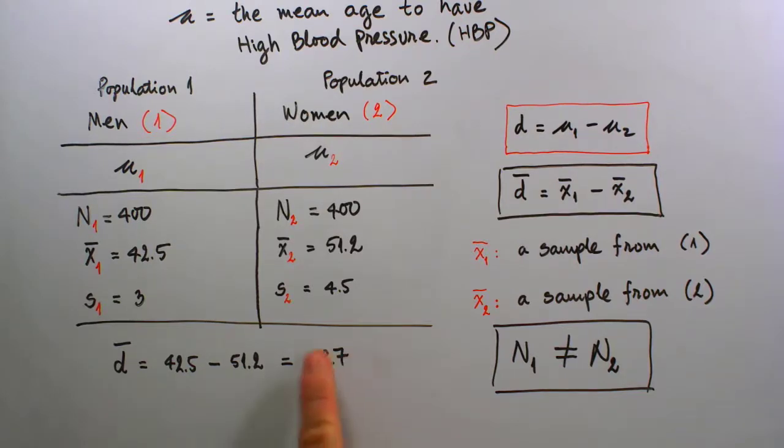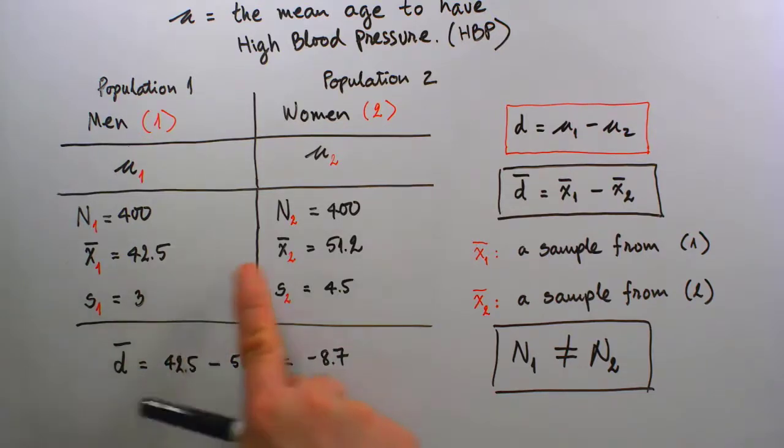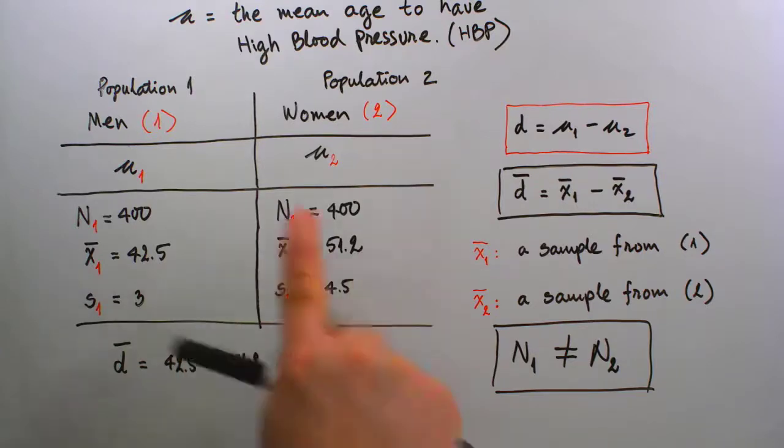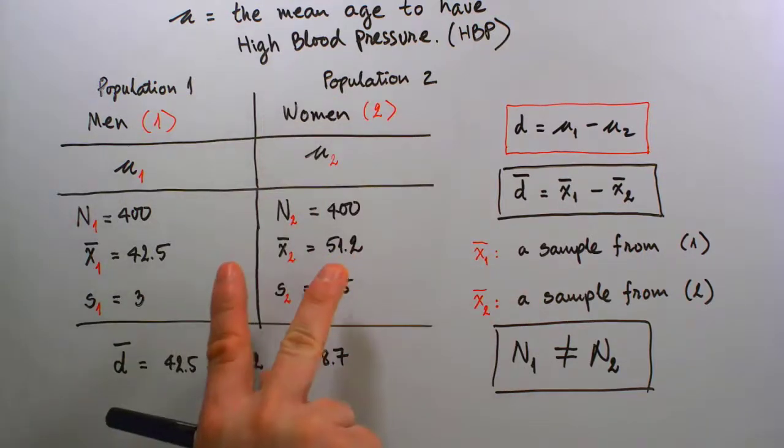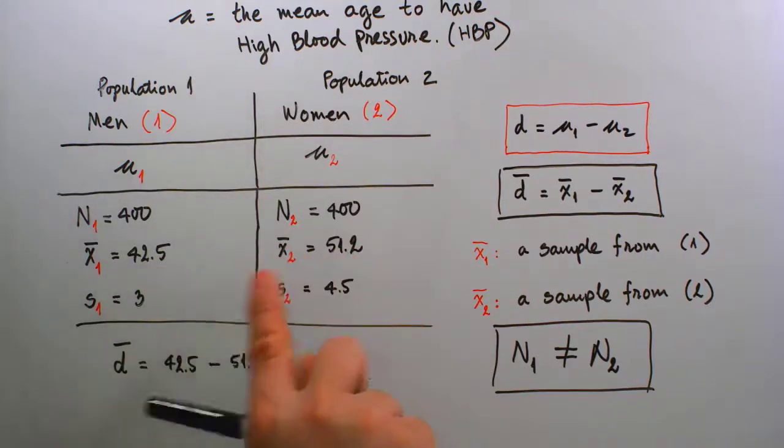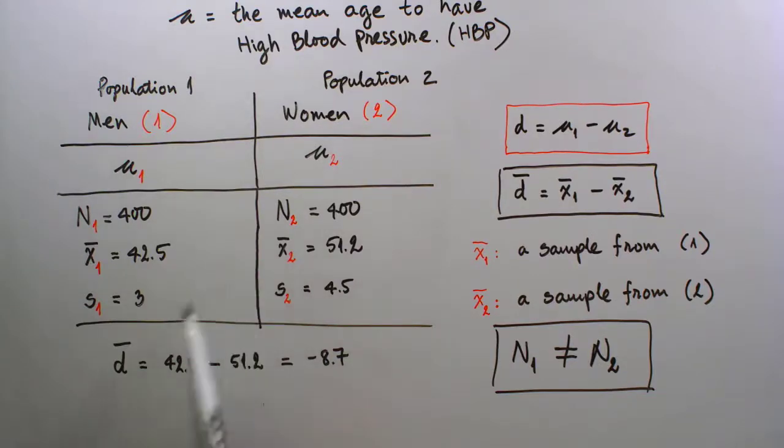So what it says right now, before we go on too far, is that based on the two separate samples from the two separate populations that I am currently having in hand, the samples are at least showing that men come to high blood pressure on average earlier than women, because that difference here is a negative difference.